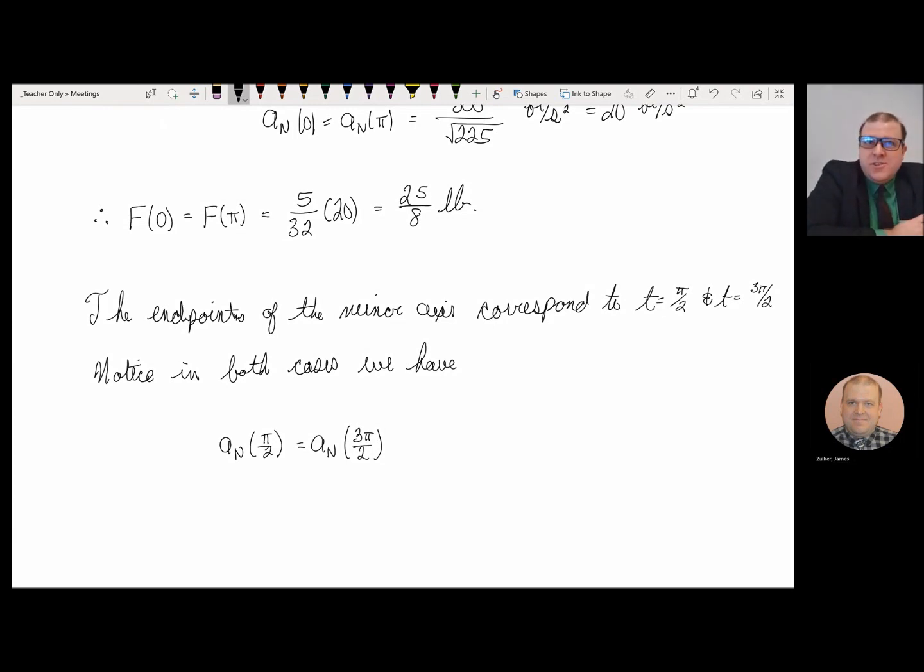Cosine at both of those points is 0. Sine squared at both of those points will be 1. It'd be 300 over root 400, which is 300 over 20, which is 15.